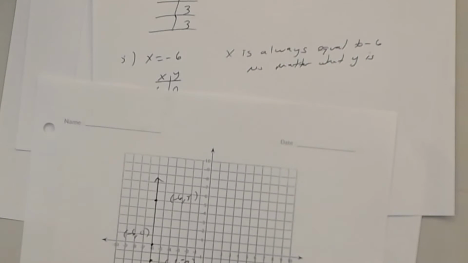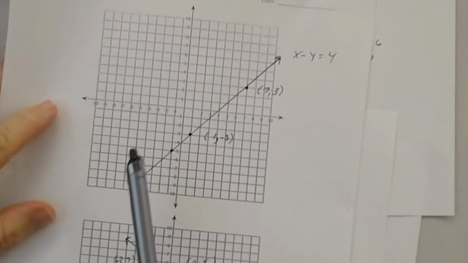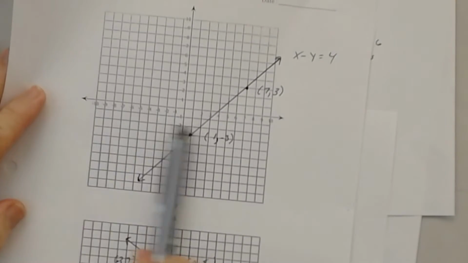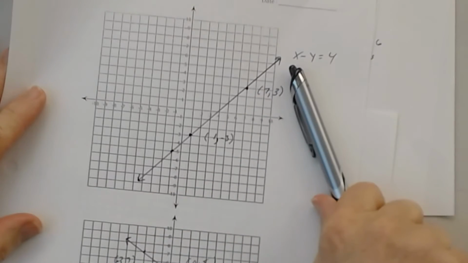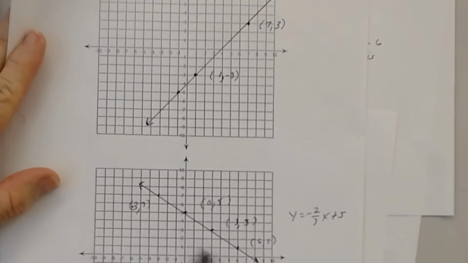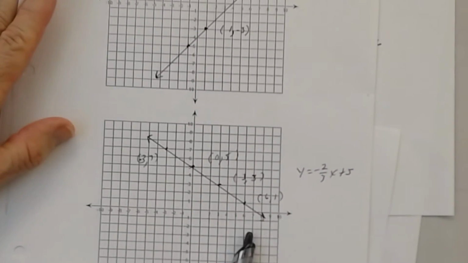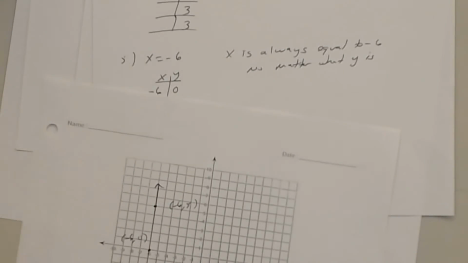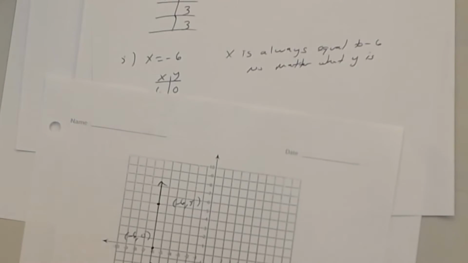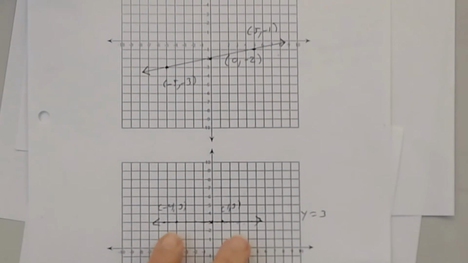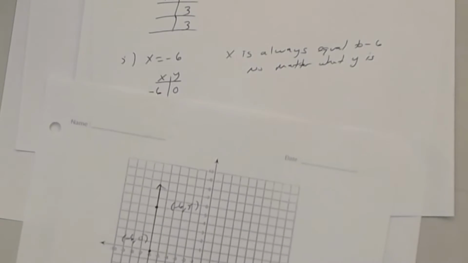So notice with the 2 variables, and remember you read a graph from left to right, the line either rose or it fell. So it was a slanted line. When you have 1 variable, either it's horizontal or it is vertical. Okay?